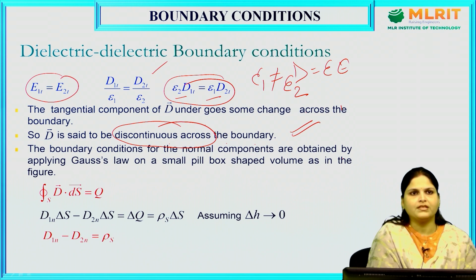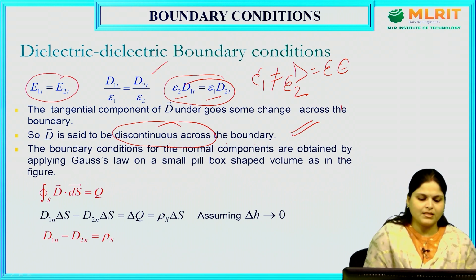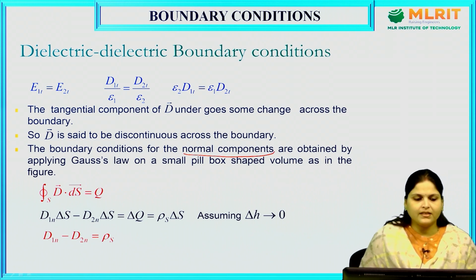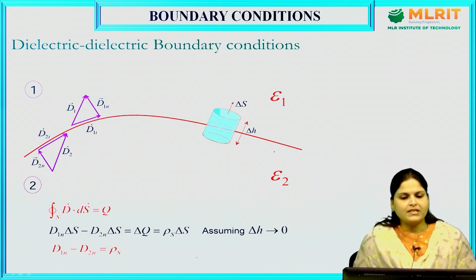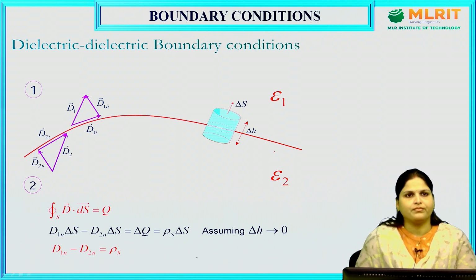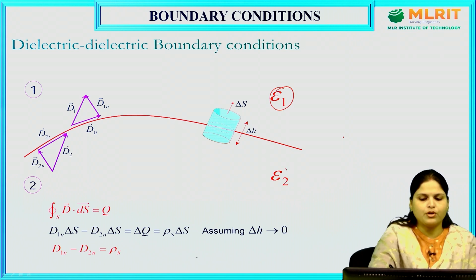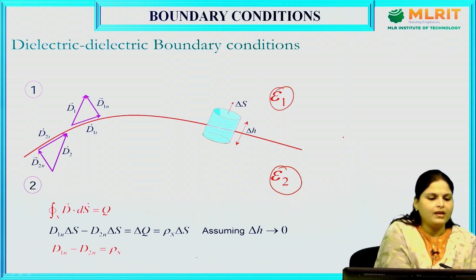tangential components. Now we can discuss similarly the normal components, and to understand this we have to consider a pillbox kind of structure. Again here we have two different mediums where the permittivity is epsilon 1 and epsilon 2, and in place of E we are now considering flux density.